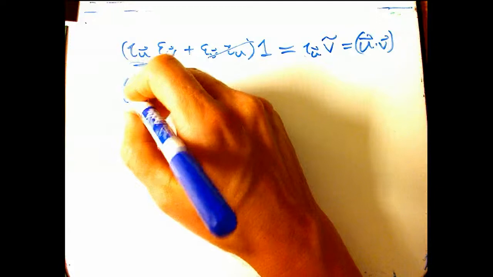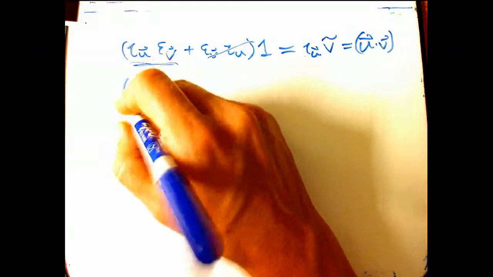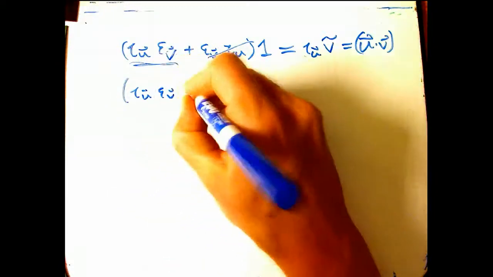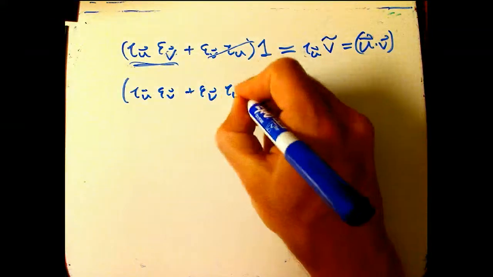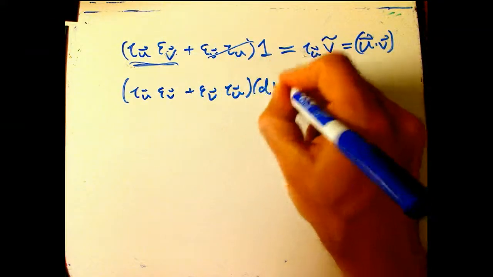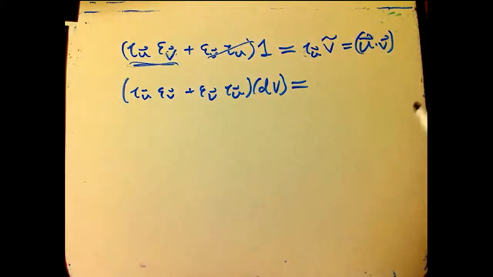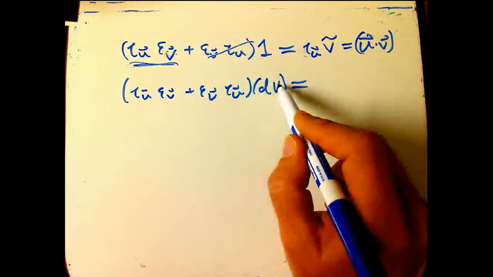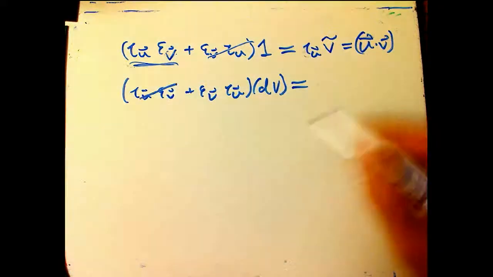Okay, and on the top, let's look at this acting on the volume form. So let's see what's going to die here. If you've got the volume form, that's already the highest degree form we can get, so we're not going to get that guy.